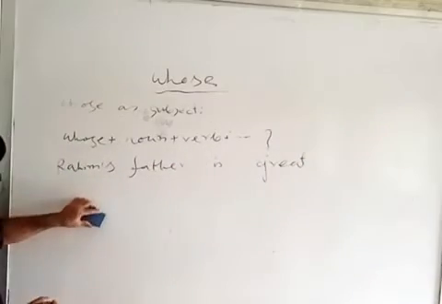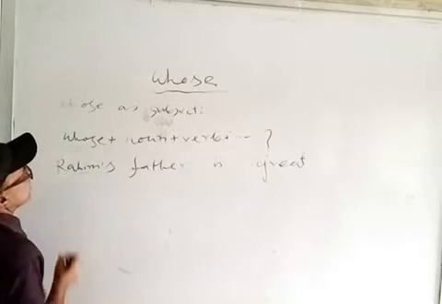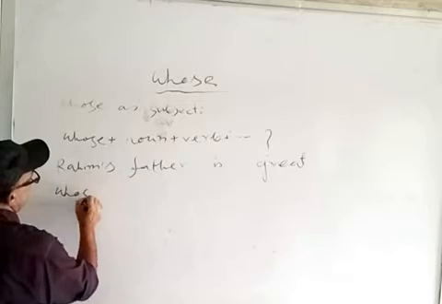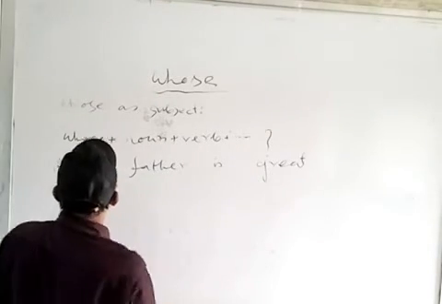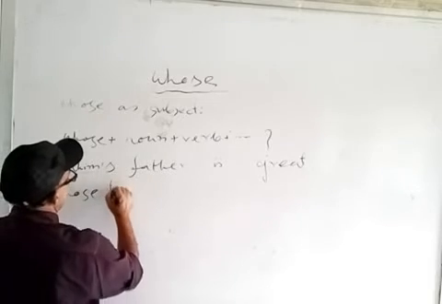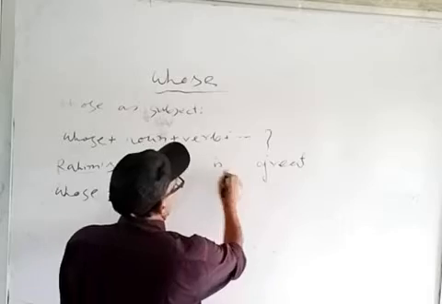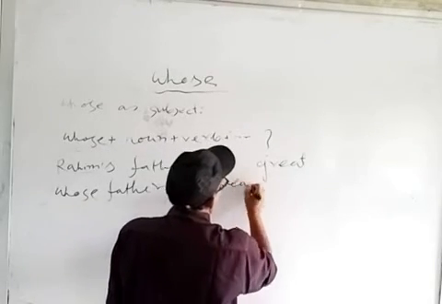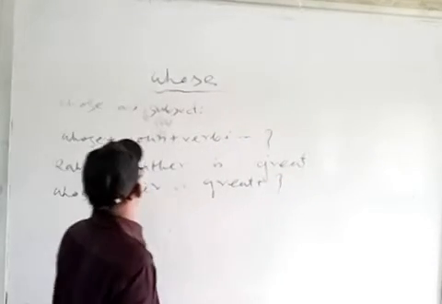Here we find Rohim's father. This is possessive. So in lieu of this, you have to use whose. And then father, this is the noun. You have to use this noun. Then from the verb everything you have to write: is great. Then note of interrogation.